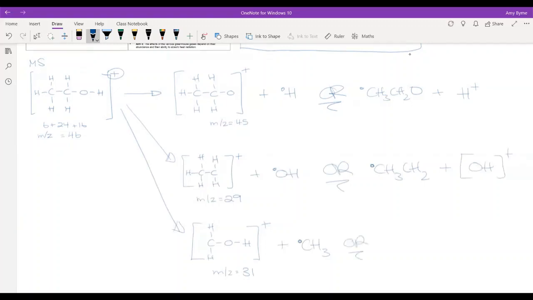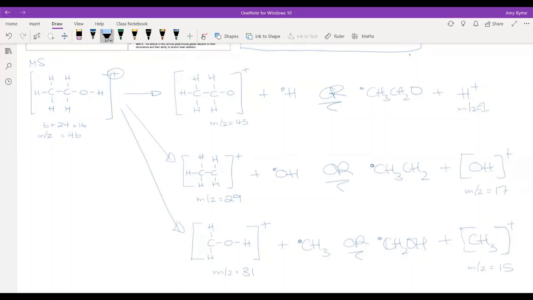Or I could end up with CH2OH radical and CH3+. So this would have an M to Z of 1, an M to Z of 17, and an M to Z of 15.